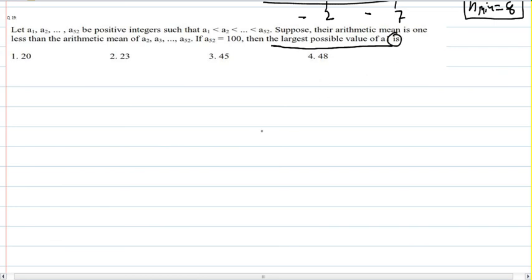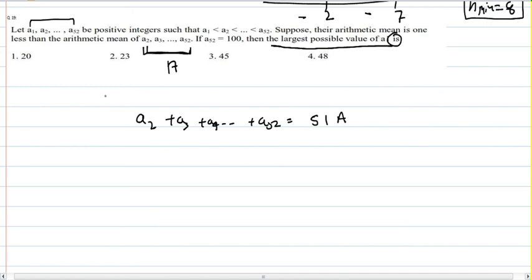I am being told that arithmetic mean of all the numbers combined is 1 less than the arithmetic mean of these numbers combined. If I assume the arithmetic mean of these numbers to be a, I am going to get a2 plus a3 plus a4 up to a52. There are 51 numbers. 51 into a.